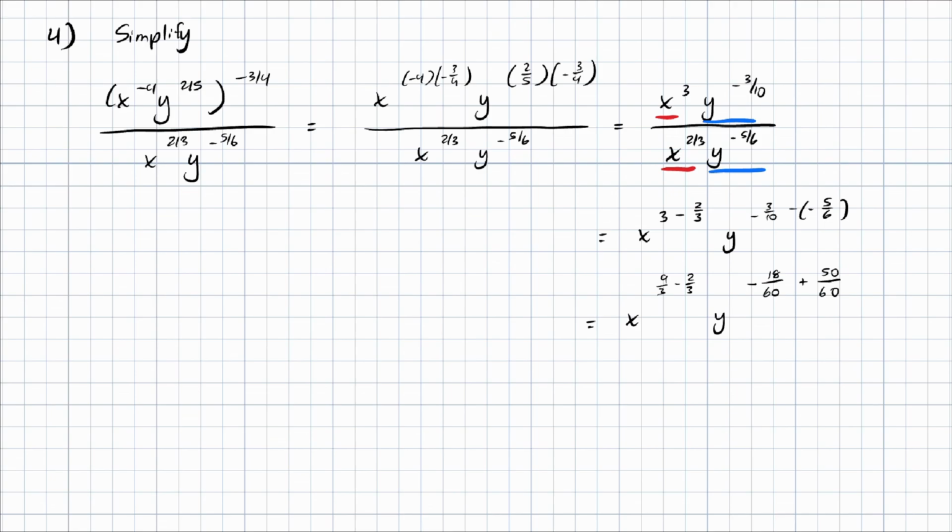Sorry, 1 second. I need to make sure. I feel like I did something wrong for this one. But I'm just going to continue on. x to the 7/3, y to the 32/60.